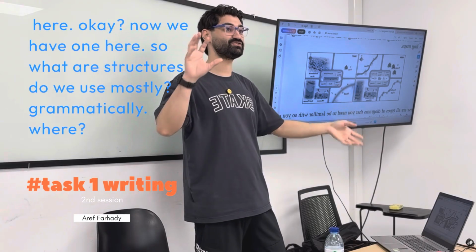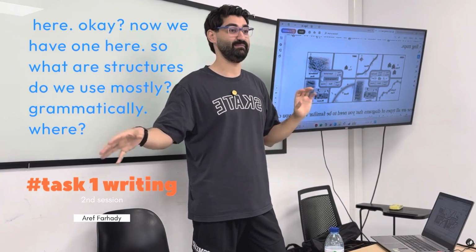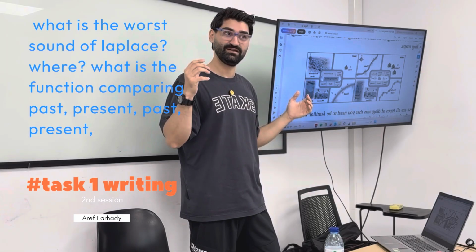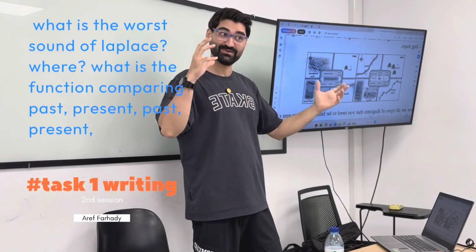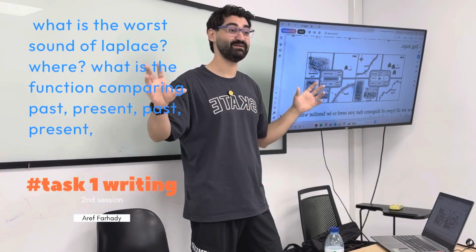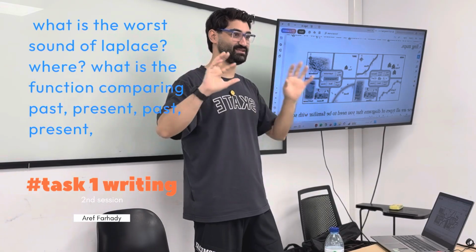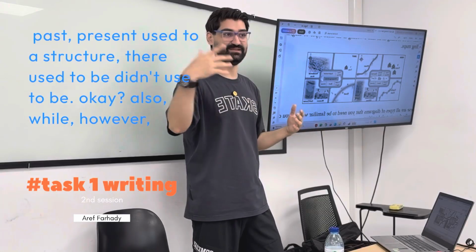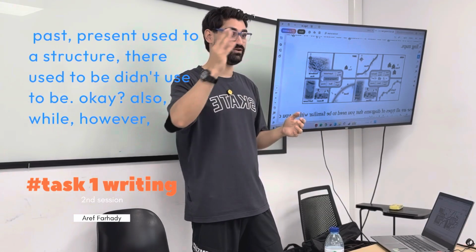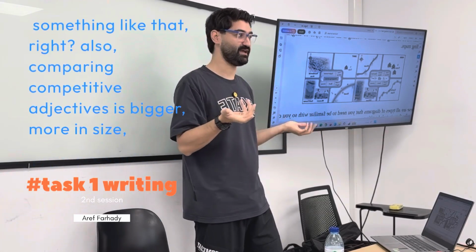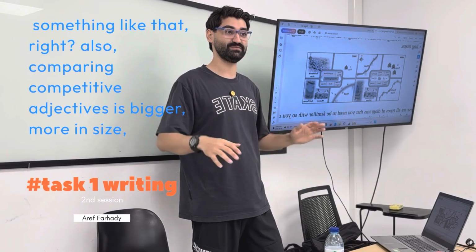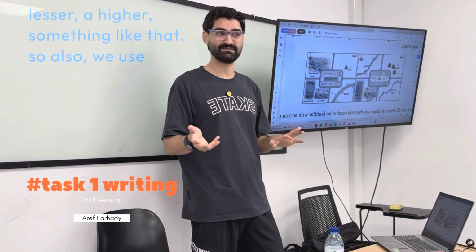So what structures do we use mostly, grammatically? While there were some, and so on. What is the function? Comparing. Past, present, past, present. Used to structure. There used to be. Didn't used to be. Okay? Also while, however, something like that, right? Also comparative adjectives. It is bigger, more in size.